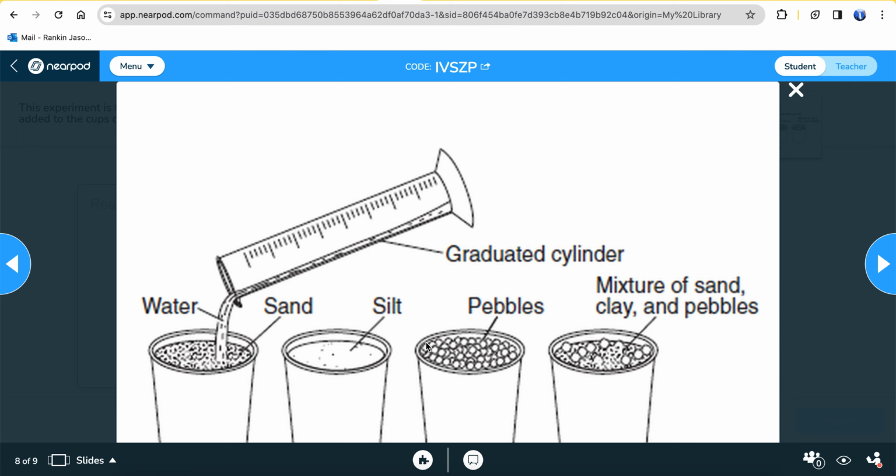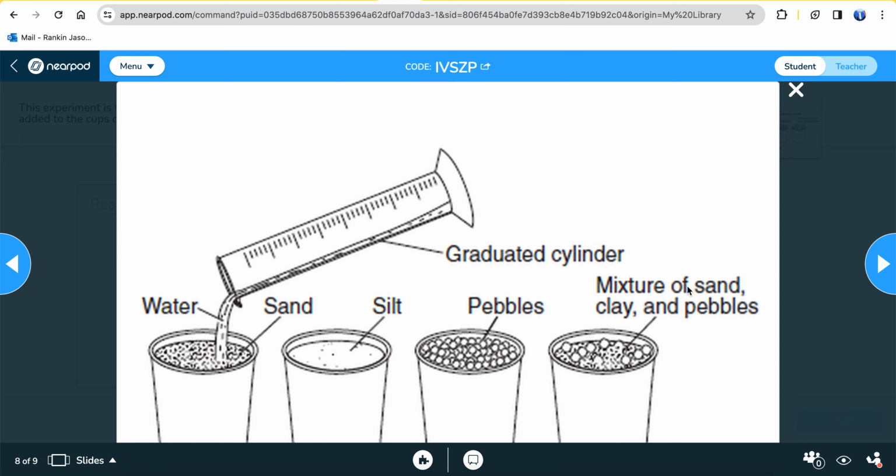So more than likely, all these three samples are probably going to be tightly packed, so they're all packed the same way. They're all going to be the same shapes, maybe rounded or sub-rounded, and it's all the same size. This is all sand grains, this is all silt grains, this is all pebble grains.